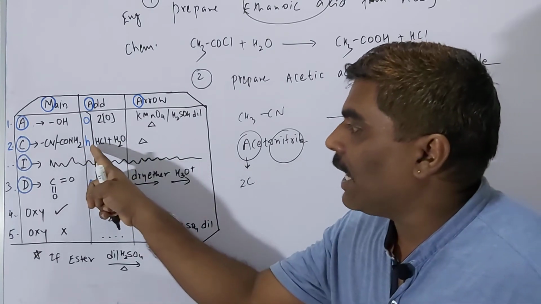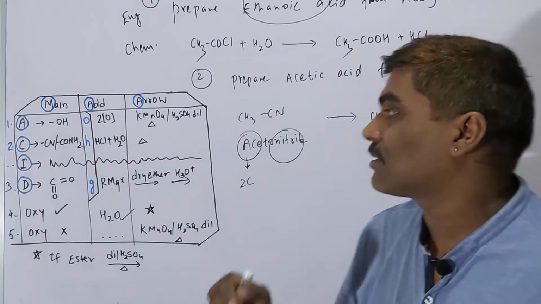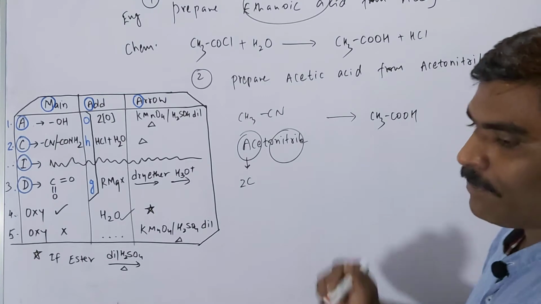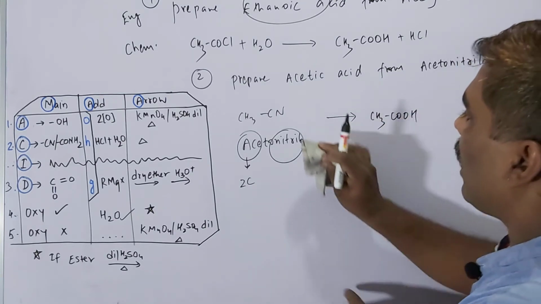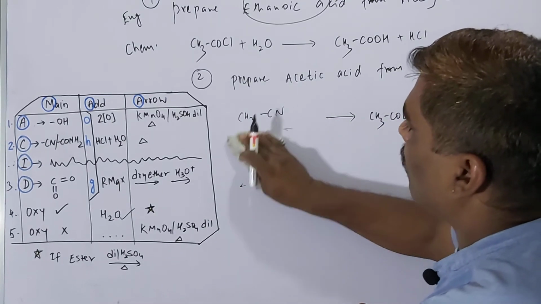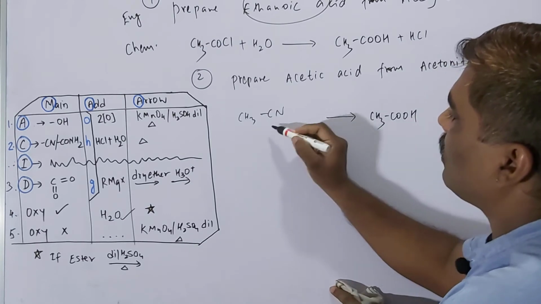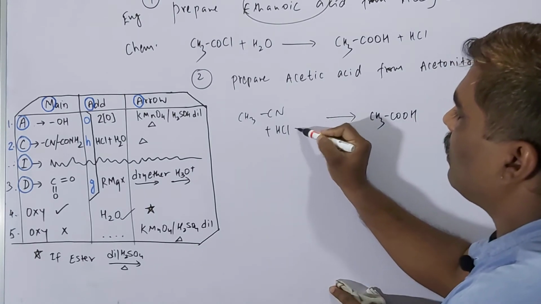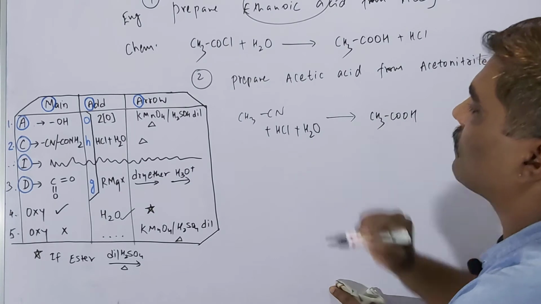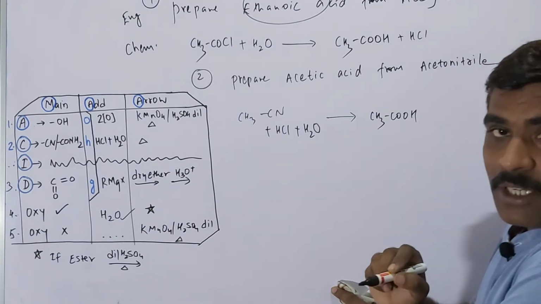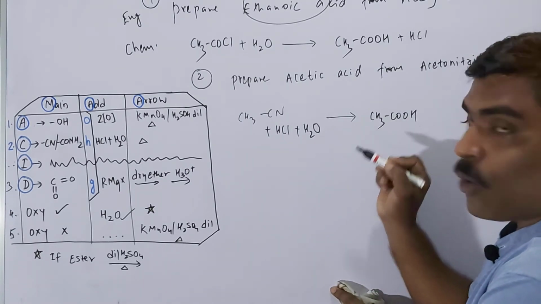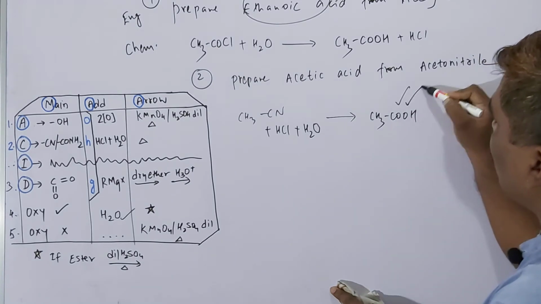In the second method, H for what? Hydrolysis. Which hydrolysis will we do here? So we'll do this acid hydrolysis, and for that I will write here acid hydrolysis. As you see on this product side, two oxygens are there.